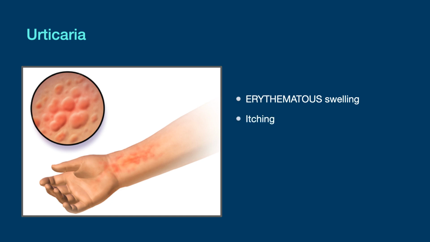Urticaria lesions itch. They have a central white wheal that is elevated and surrounded by an erythematous halo. The lesions are typically rounded and circumscribed. Characteristically, hives should blanch with pressure. They generally resolve within 24 hours.